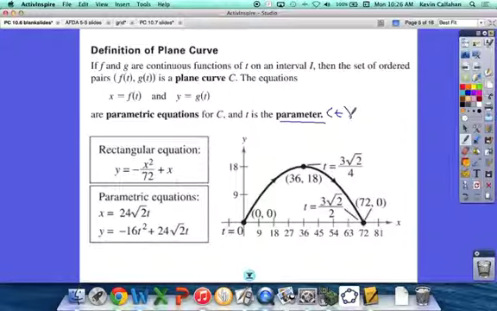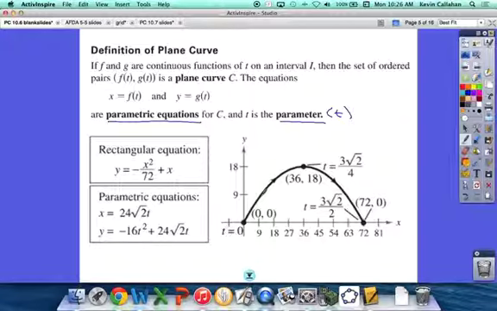Right. The graph of parametric equations has the same shape as the graph of the rectangular equation, but it's got arrows on it to show you which direction it gets drawn, right? You add the arrows to show this is how the graph was drawn as the parameter increased.